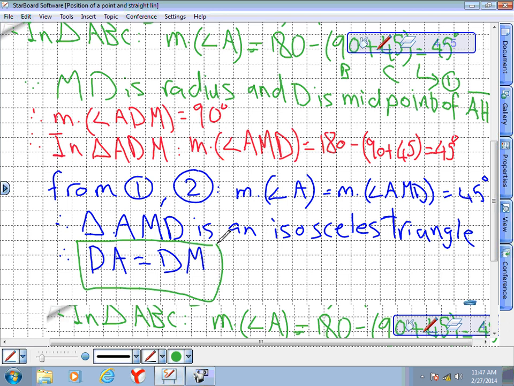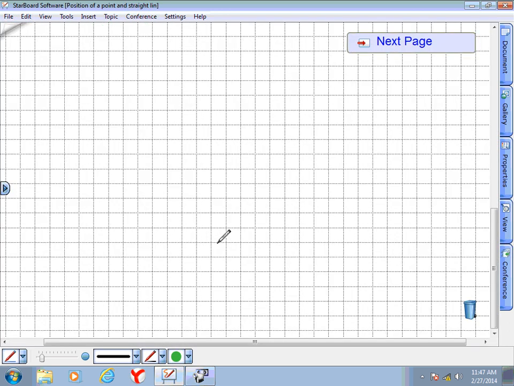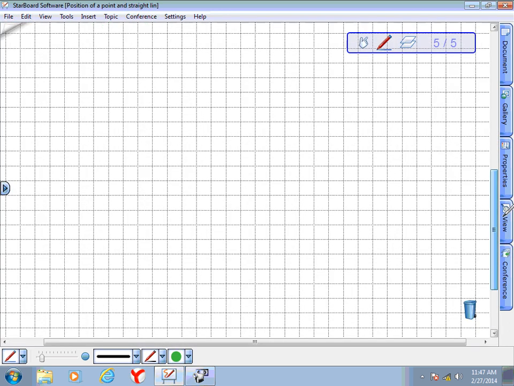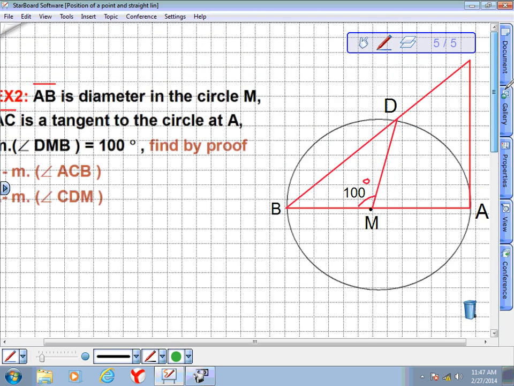Now we'll go to another example and try to solve it.